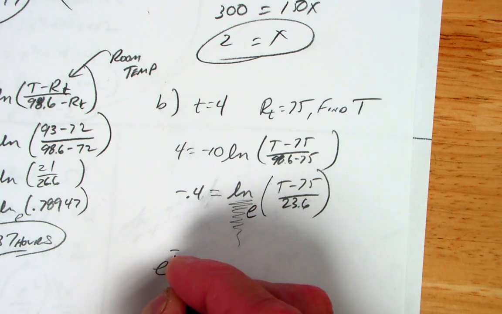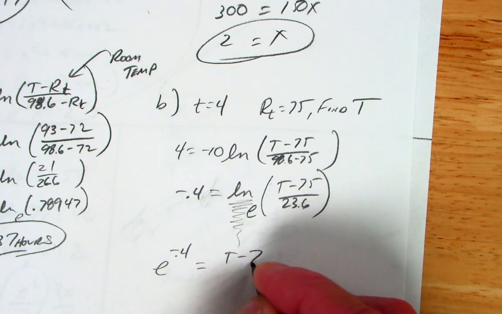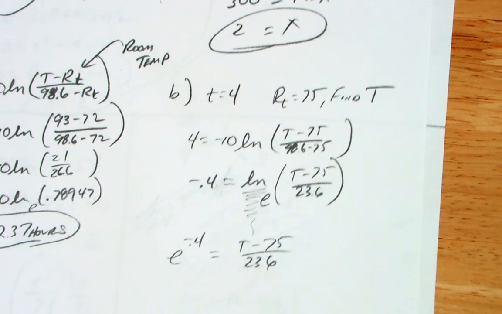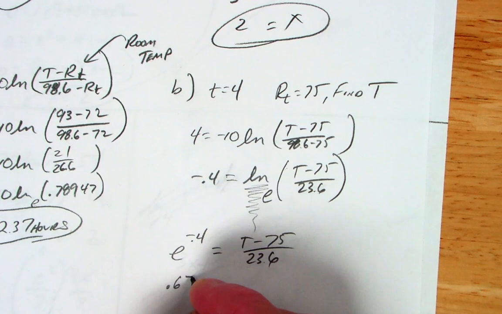Yeah, e to the negative 0.4 is equal to (T minus 75) over 23.6. So that's just shifting gears, going from logarithmic form to exponential form. And let's go ahead, e to the negative 0.4 is 0.67, give me more. 0.3.